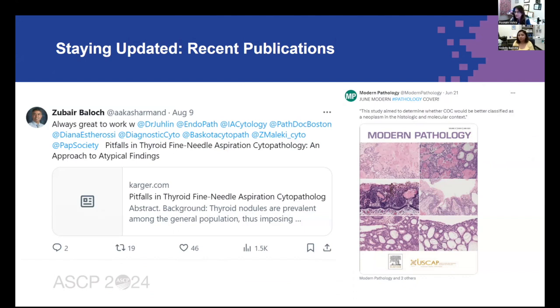Basically, it's an excellent source to stay updated on the latest publications, especially in pathology and also cytopathology. You can quickly learn about new research and publications, and that will keep your knowledge current, and you can explore new findings. You'll get more ideas to do your own projects through these publications.